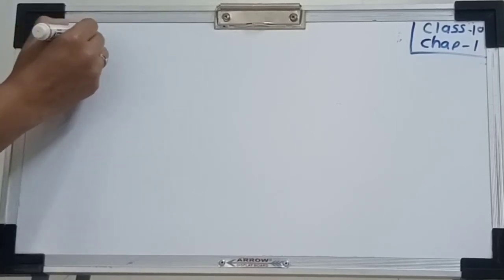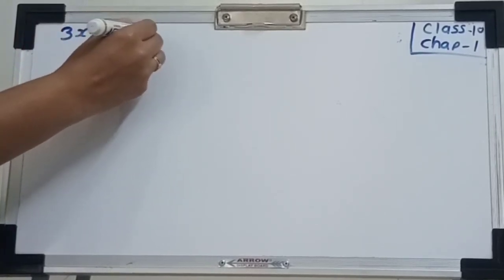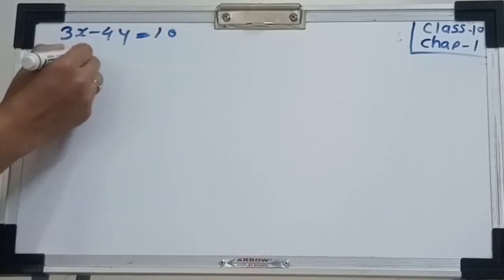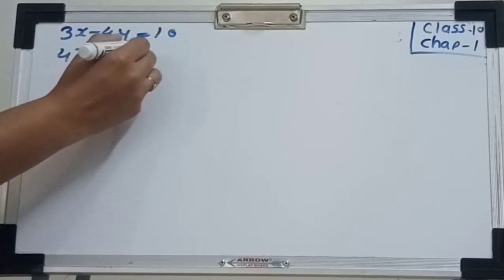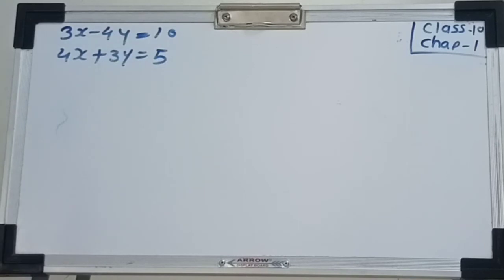Now the next question is 3x minus 4y is equal to 10 and 4x plus 3y is equal to 5. These are two equations. Now compare these equations with a1x plus b1y is equal to c1, a2x plus b2y is equal to c2.